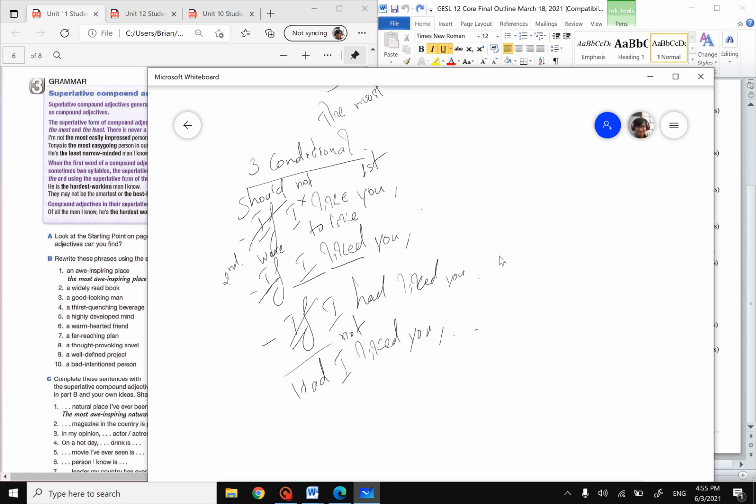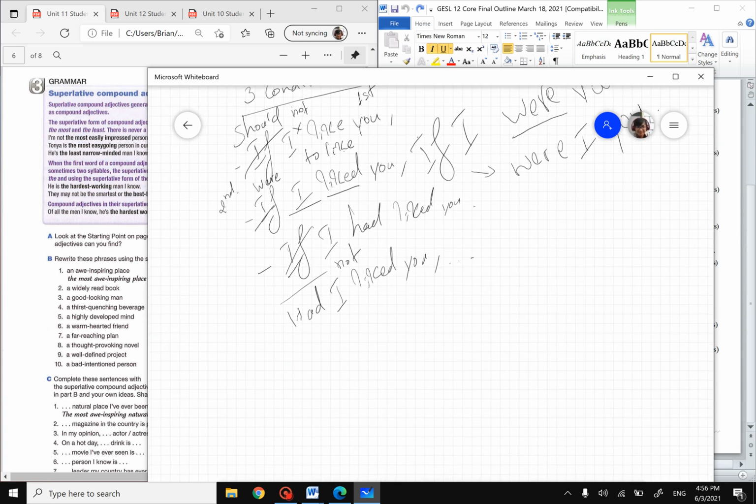However, if the verb is were itself, something like if I were you, if the verb is to be, you change it to were I you. We don't put to, we just say were I you.